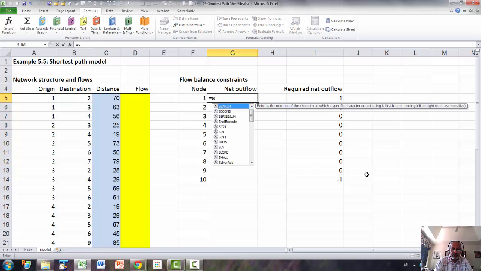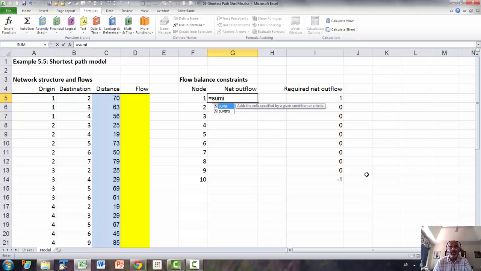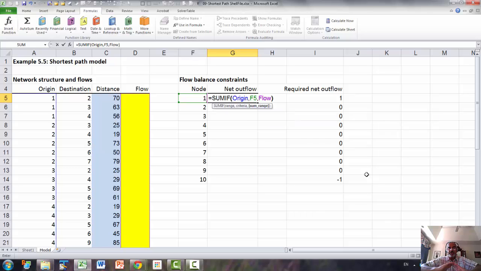Now let's do the net outflow. We start with the origin node, and then we sum the flow. This is what is going out minus the sum of what is coming in, the destination.